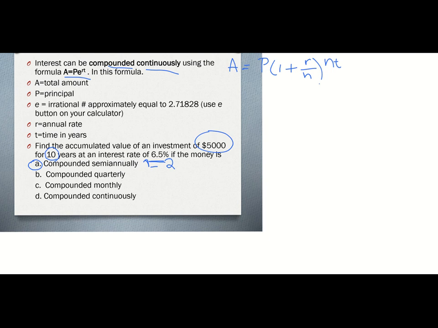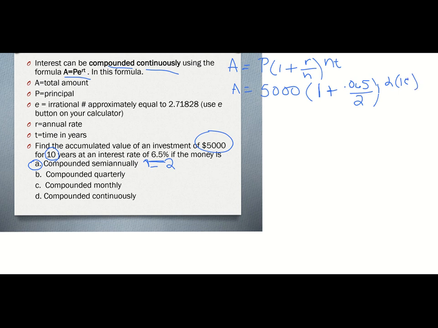So semi-annually will be A is equal to, and we have 5,000 times 1 plus our interest rate is 6.5%, so 0.065. N is semi-annually, so it's 2. And then for our power, we're going to do 2 times 10 years.